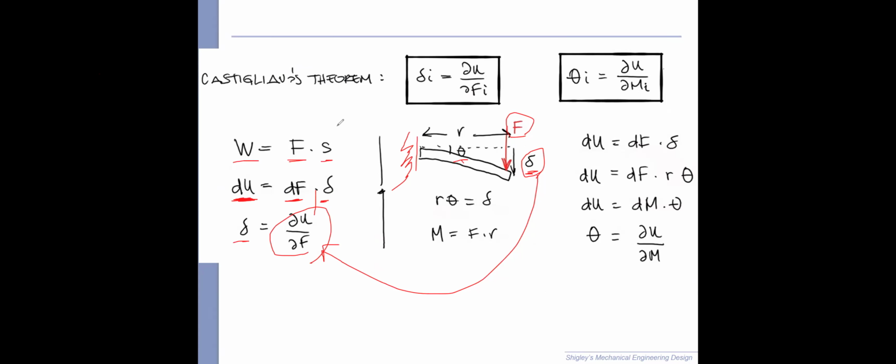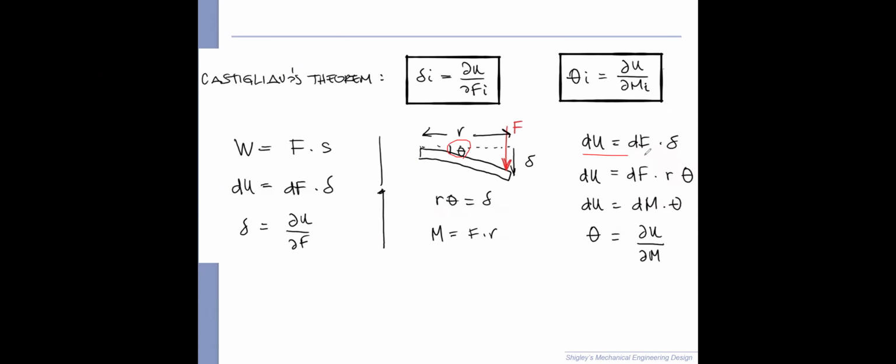Okay, so this is Castigliano's theory, and similarly, you can get the deflection as an angle theta, this angle, right? Similarly, dU equals F times delta, and delta equals r theta, because it's an elastic deflection.